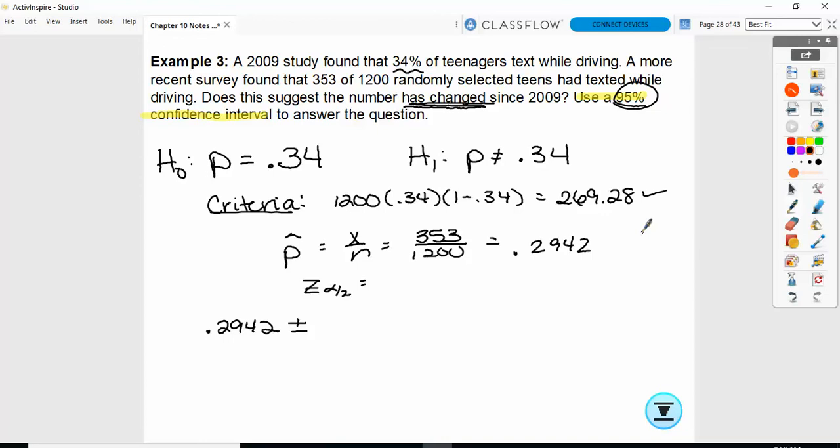If you look at your normal table, remember at the bottom for the confidence interval, it had a lot of the common z alpha over 2s, and it told us for 95% z alpha over 2 is 1.96. Right, if you're following along on your formula sheet, it says times the square root of p-hat times 1 minus p-hat divided by n.